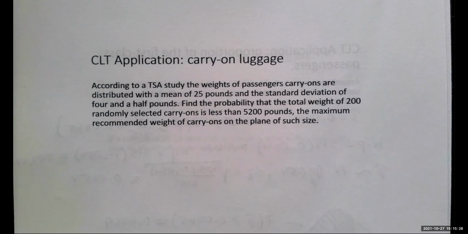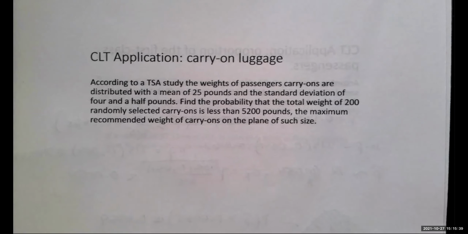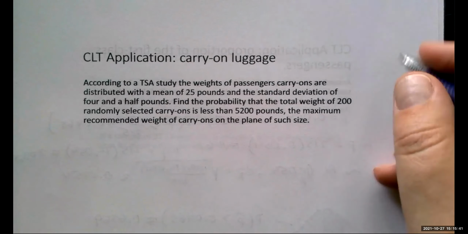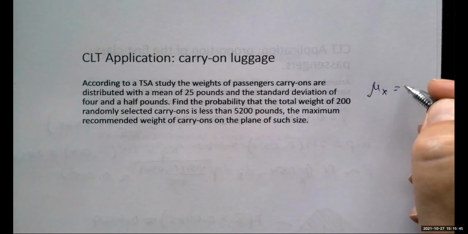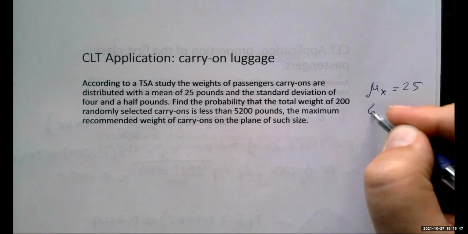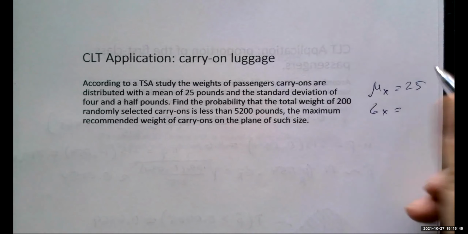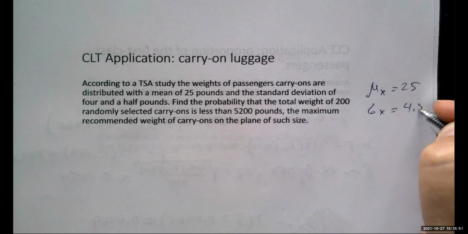It says, according to a TSA study, the weights of passengers' carry-ons are distributed with a mean of 25 pounds and a standard deviation of 4.5 pounds. So the mean of this distribution is 25, and the standard deviation of this distribution is 4.5.